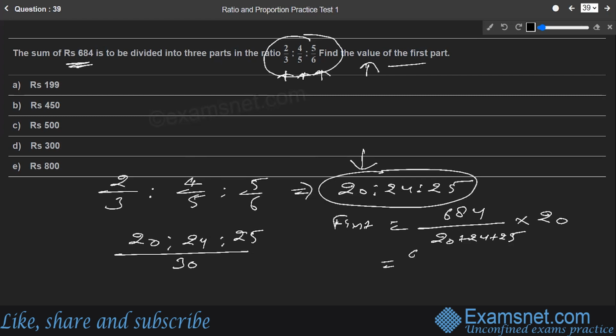If we solve this further, this comes out to be 684 divided by 69 into 20, which is ultimately 199. So the number corresponding to the first part is rupees 199, and that is the right answer.